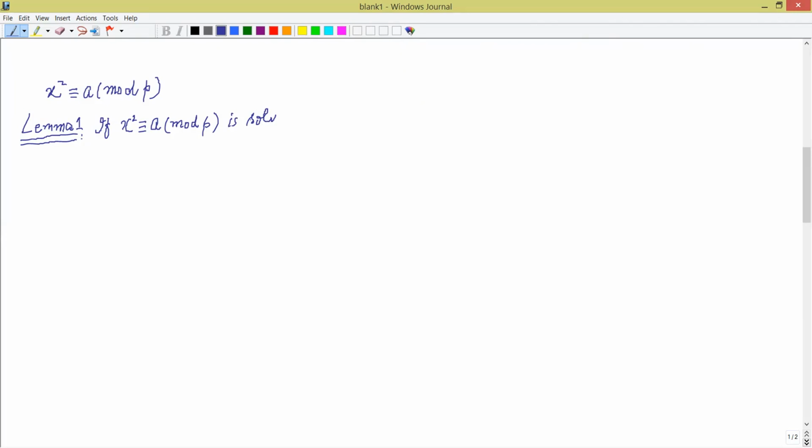If x square congruent to A modulo P is solvable, then the congruence has exactly two incongruent solutions.